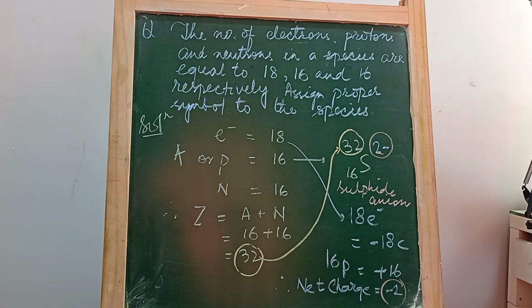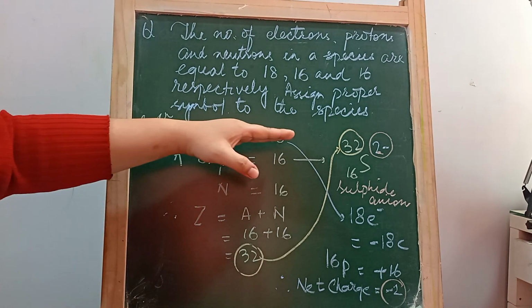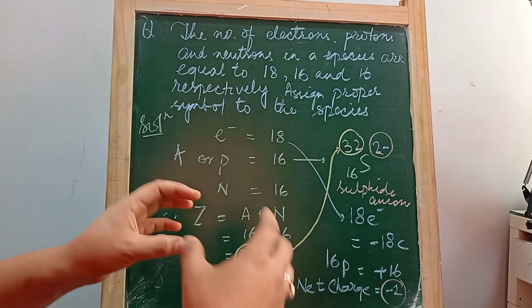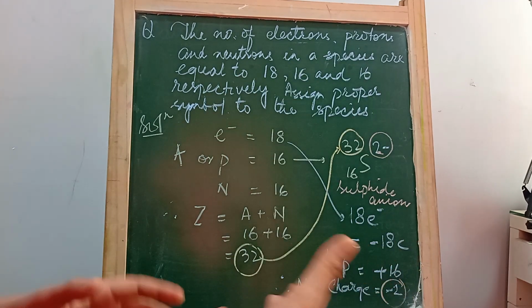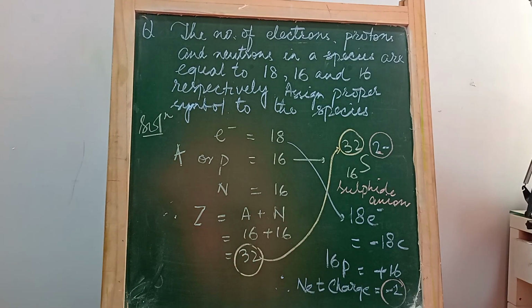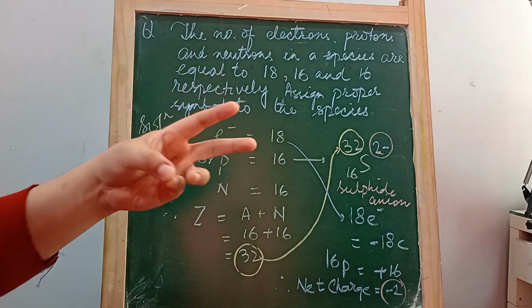What remains is that we have to assign a charge. What will be the charge? The number of electrons and the number of protons are not the same, so the number of negative and positive charges are not the same. Although electrons and protons differ much in size, the proton having around 2000 times more mass than the electron, they carry the same quantity of charge, 1.6 into 10 to the power minus 19 coulomb.